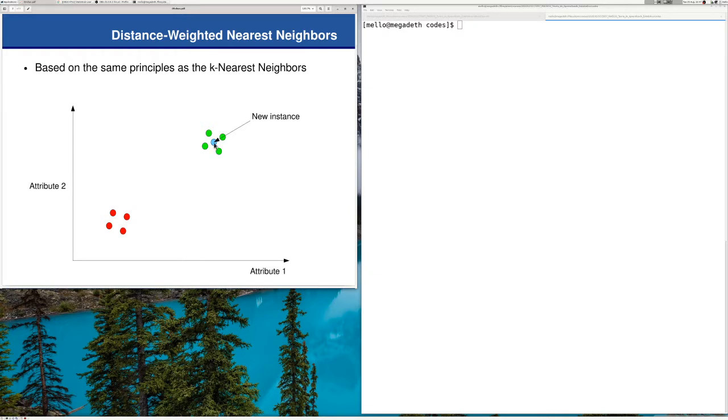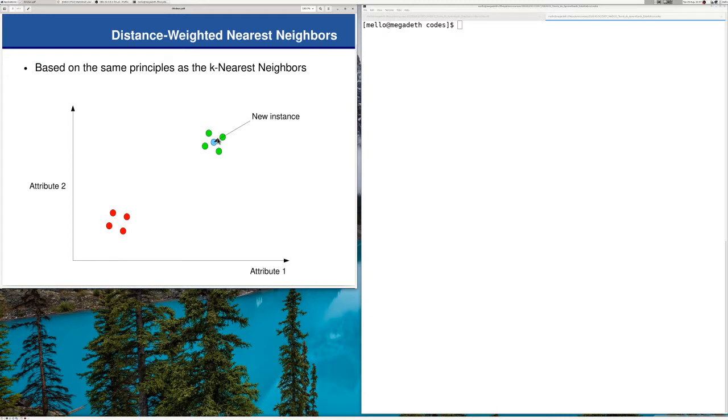For instance, if our k is equal to 4, I will say, okay, we have 4 elements that are green nearby this new instance, so the new instance is going to be classified as green. If my k is 8, I'll have 4 greens and 4 reds, so I will have some uncertainty in classifying this new instance, which is 50% green and 50% red.